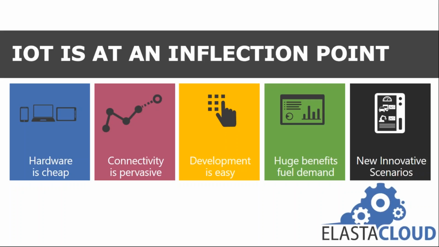Now we can analyze that data using the depth and the scalability that we have within Azure. So the hardware is cheap comparatively. Connectivity is pervasive now. Development is very, very easy. And we're seeing new innovative scenarios all the time with our customers.